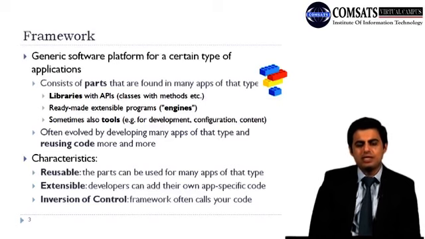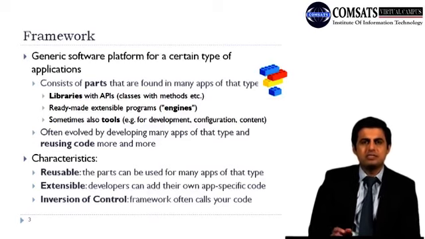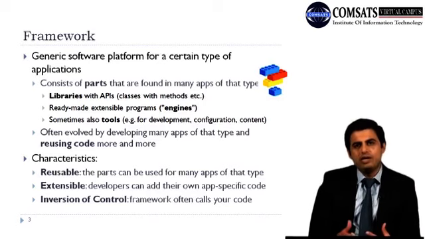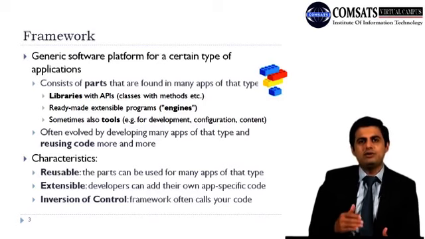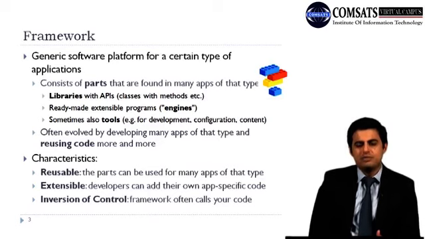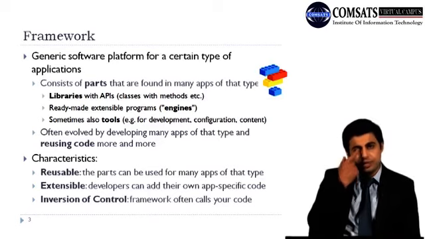So what they have is libraries with APIs, which are basically classes with methods. They are already developed and already compiled classes which have methods which you can use in your system.